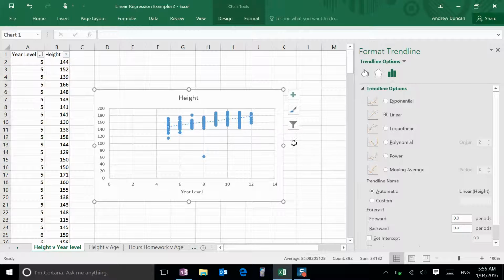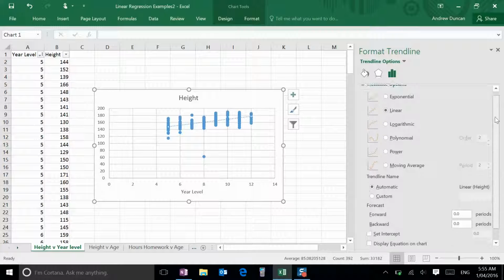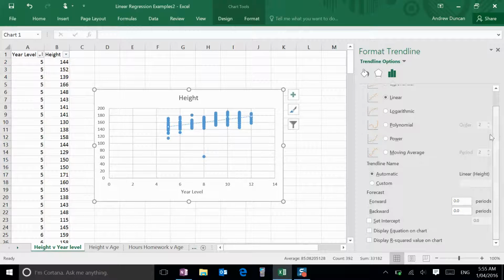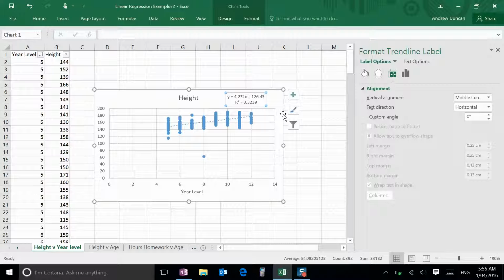I think it's linear. I want to know what's the equation of that line, and I also want to know what the R squared value is. So in my trend line options, I've got linear because it's a linear line. I want to display the equation, and I also want to display the R squared value. I'll move them to somewhere where I can see it. So my equation is y equals 4.22x plus 126.